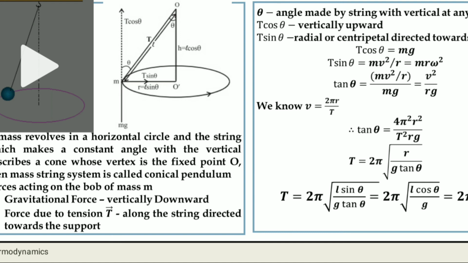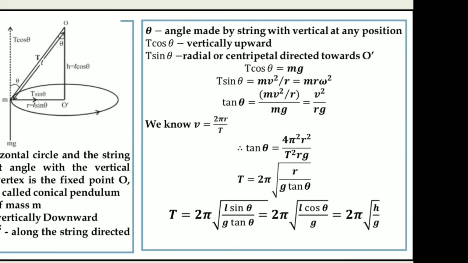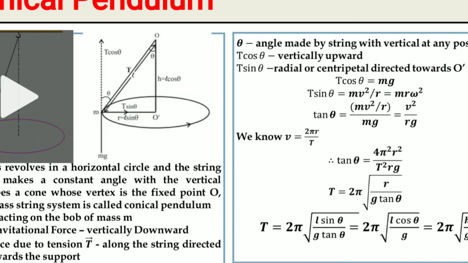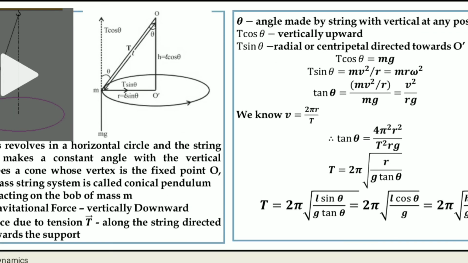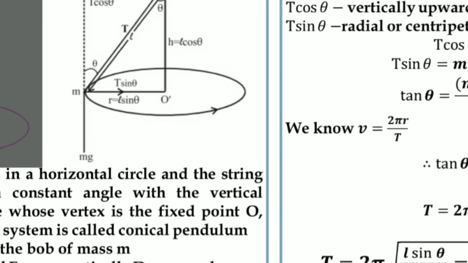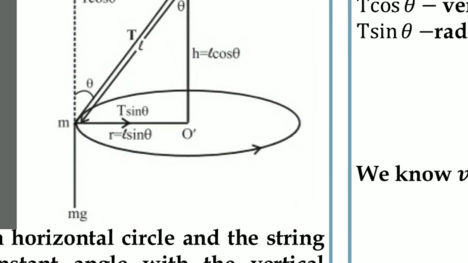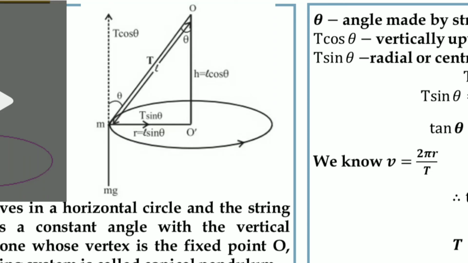Then tension in the string is directed towards the support. Again here theta is the angle made by the string with vertical at any position. Then here tension, you can see in this figure also, is resolved into two components.